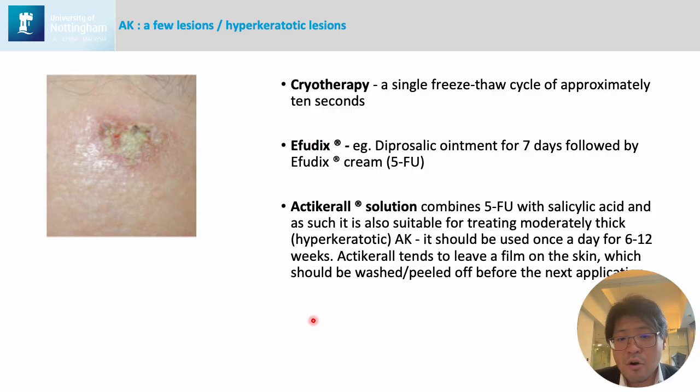Topical treatments can also be a possible treatment option, and this is good if the patient can apply the treatment themselves at home and can follow your instructions. But it is very important to counsel the patient properly, because there are expected side effects of the topical treatment.